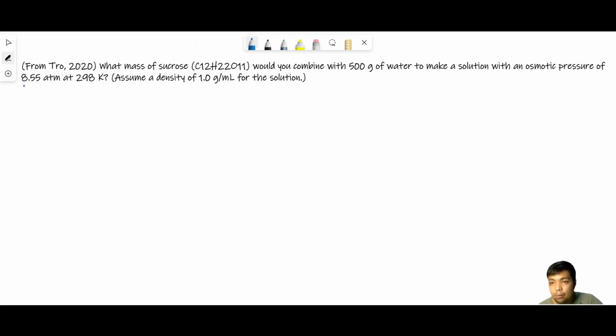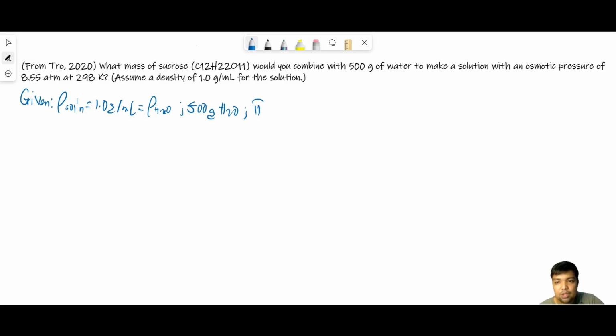So again, we'll write our given. We have the density of your solution, which is equal to 1.0 gram per ml, and this is also equal to the density of your water, and we're given 500 grams of your water.